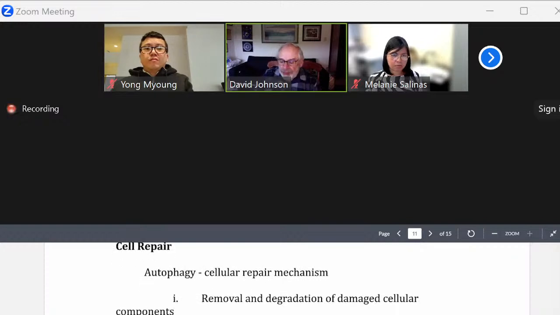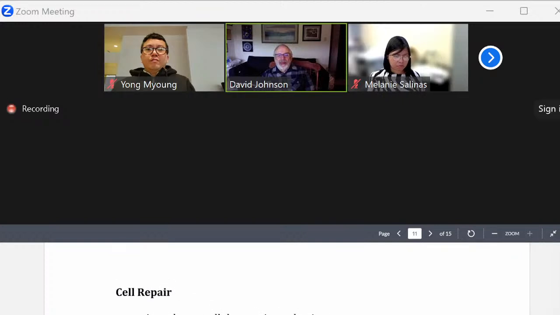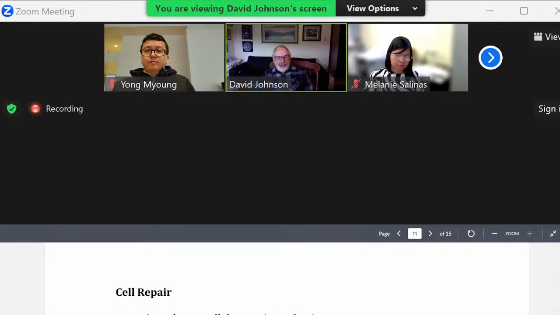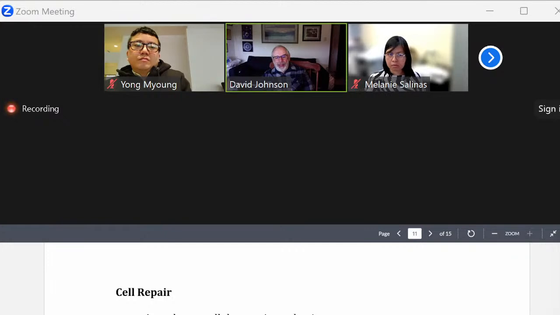Now, if a cell is damaged but can be repaired, there's a mechanism for that called autophagy, which involves the removal and degradation of damaged cellular components.